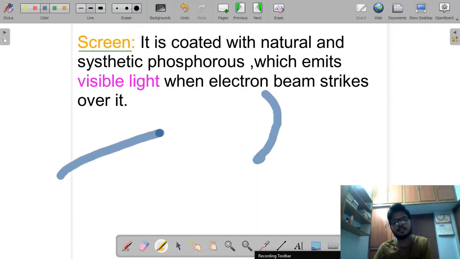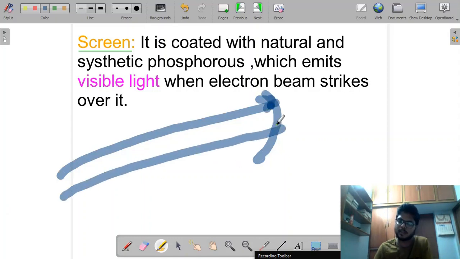When an electron strikes the screen fast, there will be a spark on it. Due to this spark it will show some brightness. This is how an x-axis or y-axis will form on our CRO.